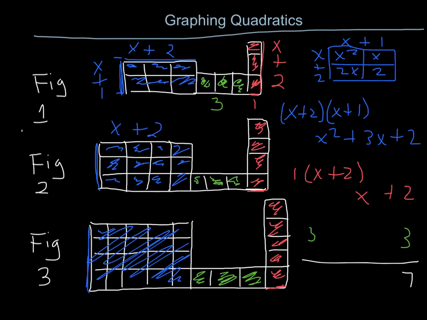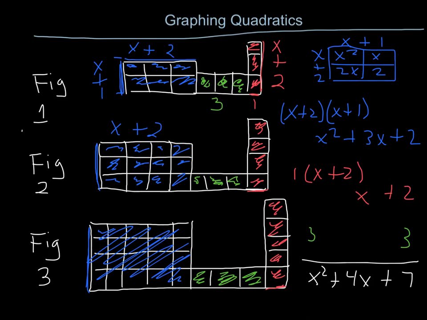I get 4 x's. And I get 1 x squared. So that's going to be x squared plus 4x plus 7. So that would be the rule or the equation for this shape.